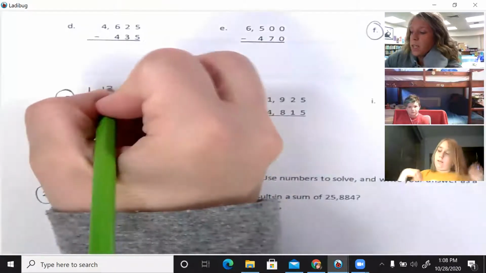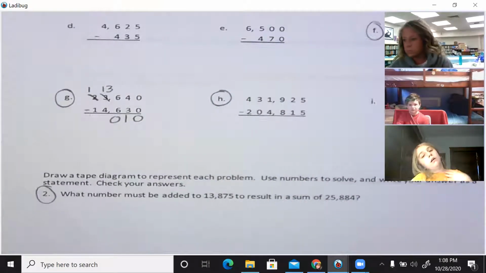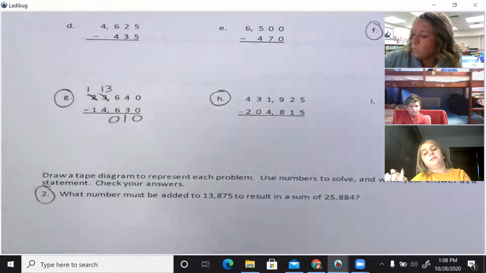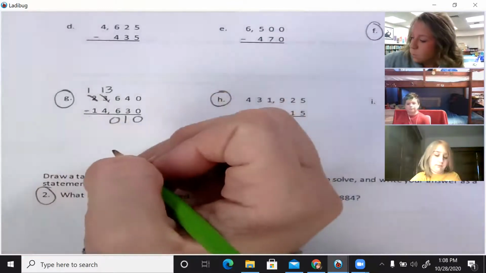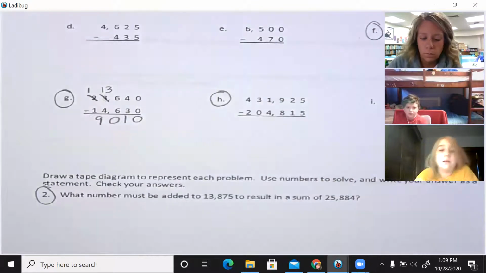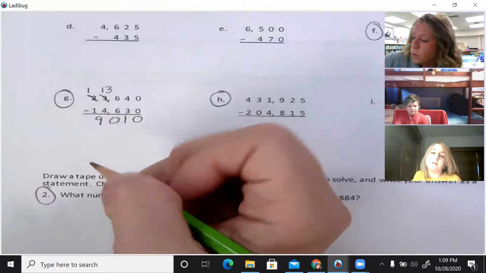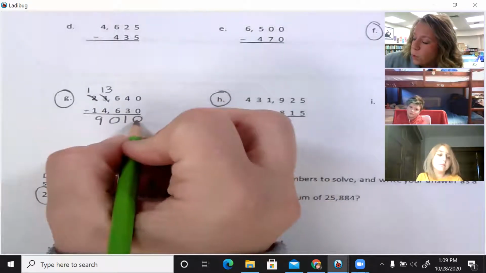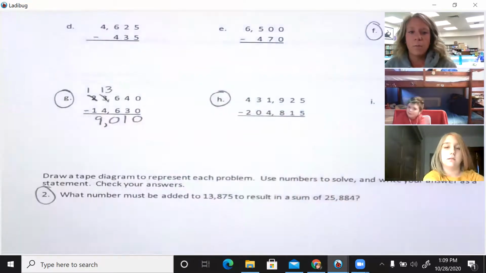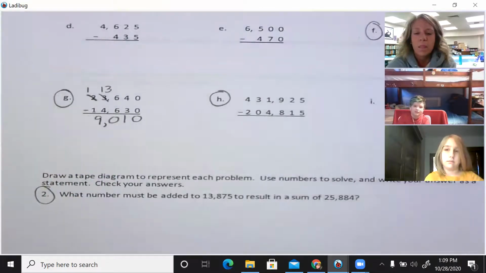So this becomes a 13. 13 minus 4 is 9. And 1 minus 1 is 0. Since that's my first number, I'm not going to include the 0. I'm going to count 1, 2, 3, comma, and I'm going to read my final answer as 9,010.